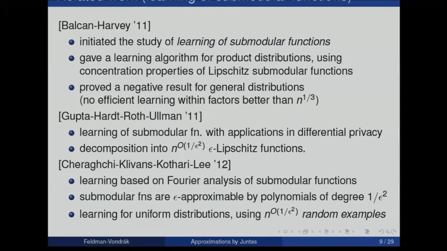If you want an epsilon approximation, it's enough to take the first 1 over epsilon squared levels of Fourier coefficients and chop off everything above that. That gives you an epsilon approximation in L2, now I'm talking about L2 approximations. And they gave a learning algorithm based on that.